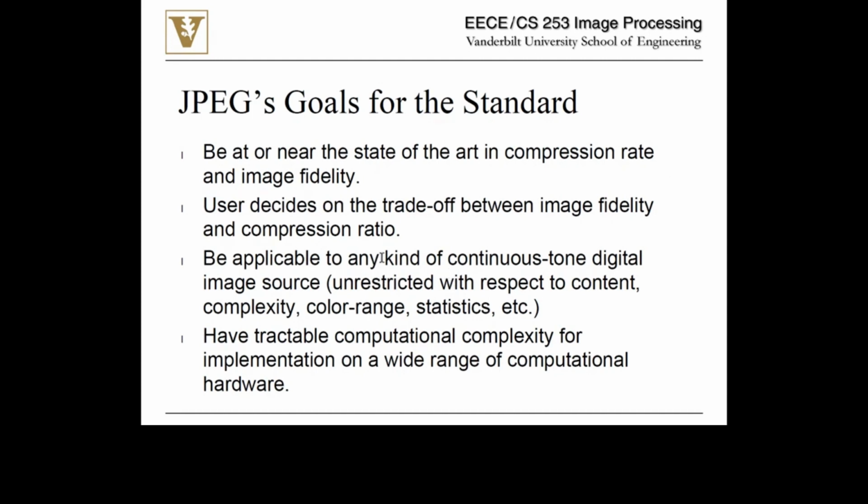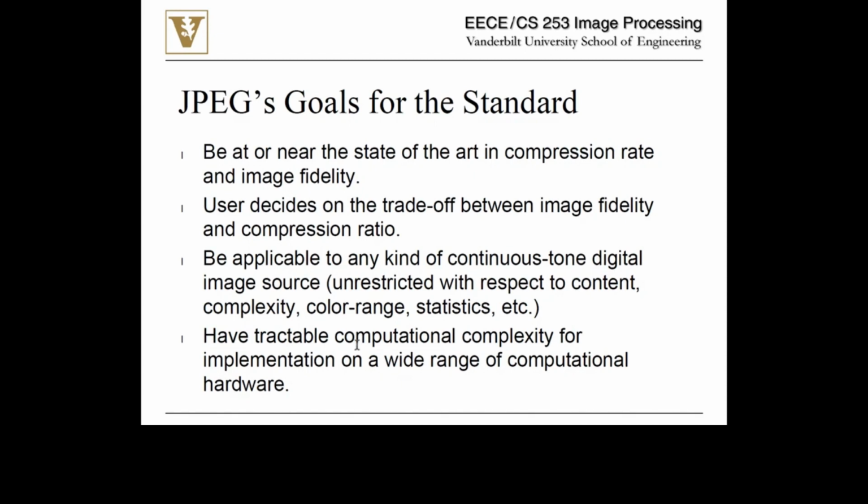So there is no free lunch. If you want to compress a lot, you have to sacrifice quality. And if you don't want to sacrifice quality, then you have to store a lot of numbers. It should also be applicable to any kind of continuous images and be very easy to implement and to decode.